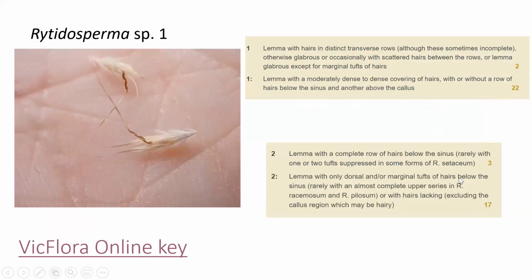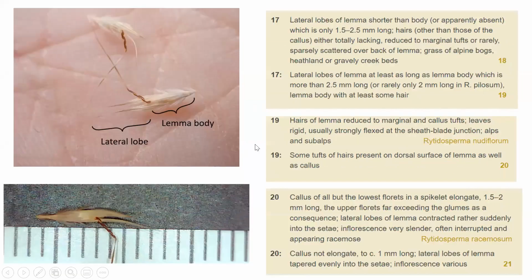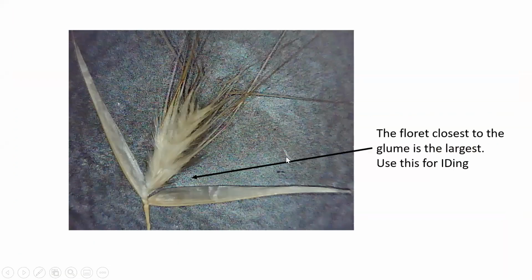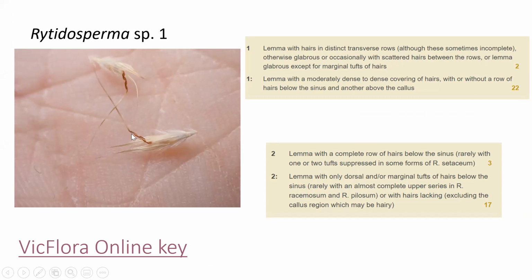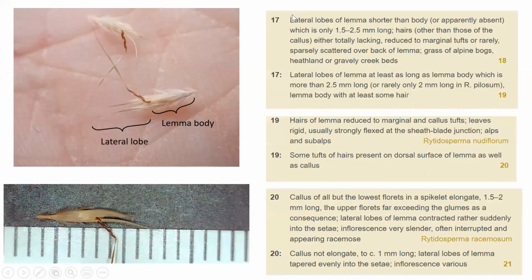Okay, so next step. So, oops. We didn't have the row of hairs, complete row of hairs below the sinus. So next question, lateral lobes of lemma shorter than the body. So the lateral lobe is from the sinus, and this is my interpretation of it.